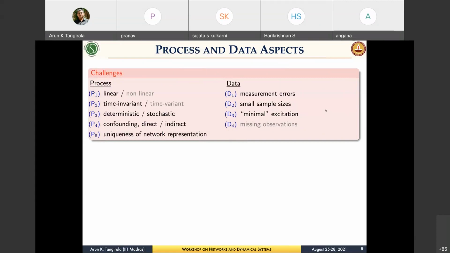On the process side, we have to worry about whether the process is linear or non-linear, time invariant or otherwise, deterministic or stochastic. That makes a huge difference. Whether I'm interested in a direct or an indirect causal connection.